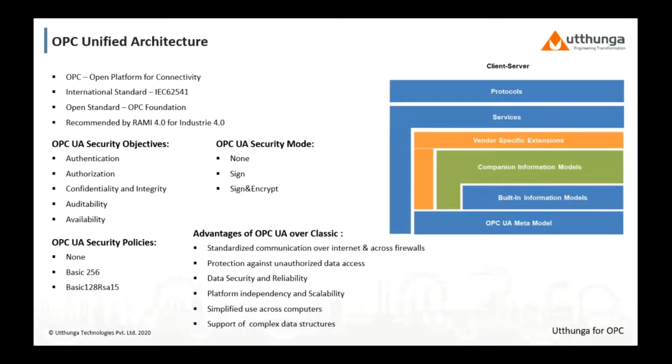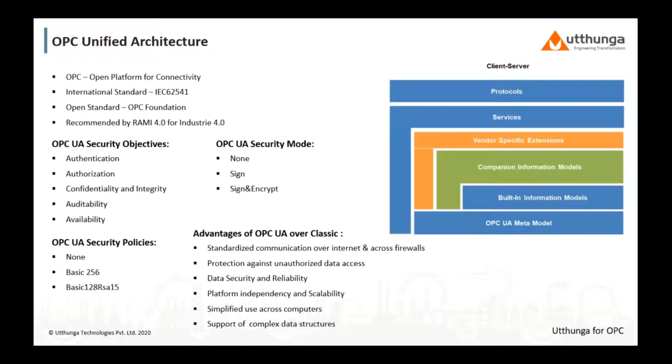It affiliates to international standard IEC 62541, and OPC UA is developed and maintained by the OPC Foundation and recommended by RAMI 4.0 for Industry 4.0, which is a reference architectural model for industries.